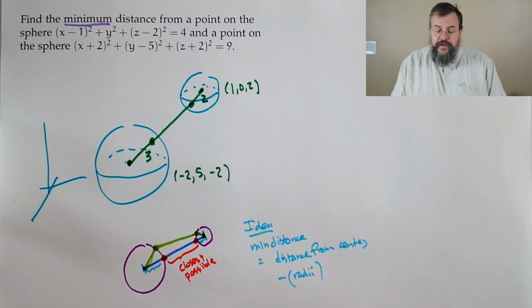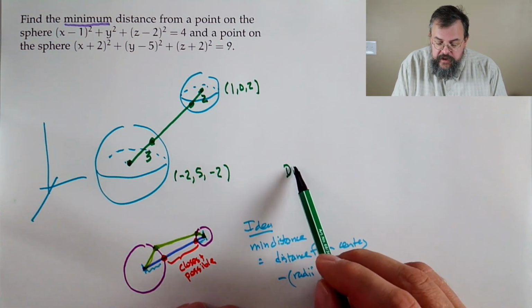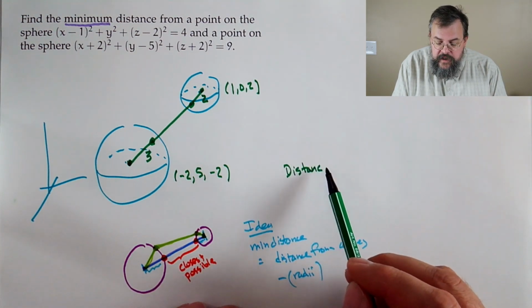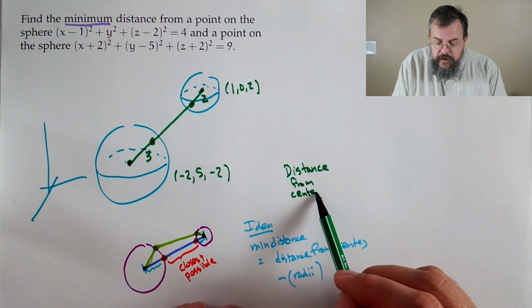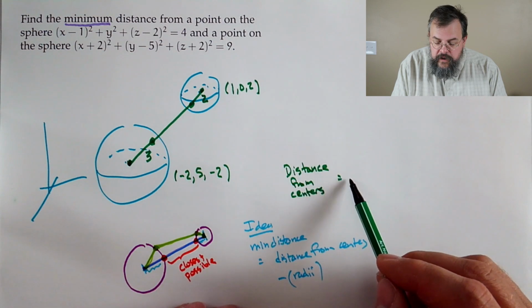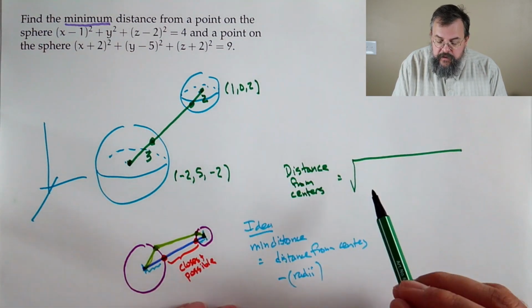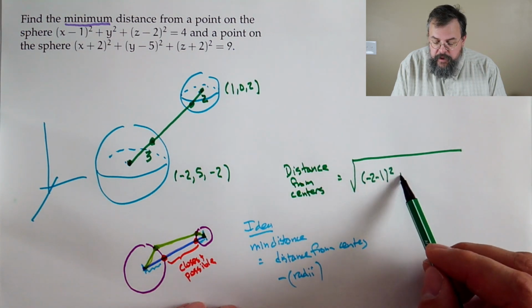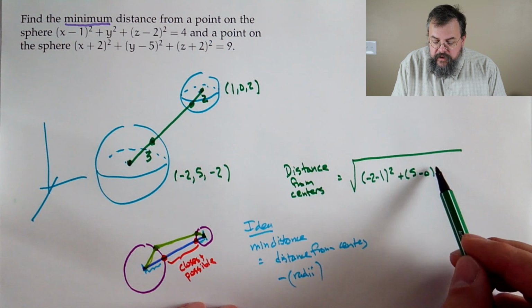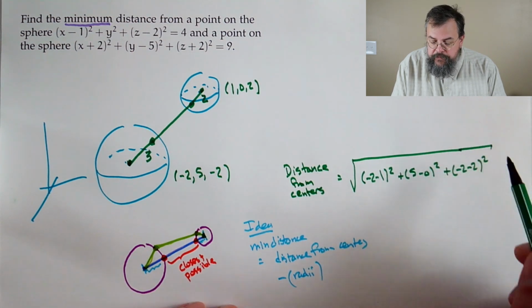Okay, so our distance from centers would be the square root of, take -2, subtract 1, so that's -2 minus 1 squared, plus 5 minus 0 squared, plus -2 minus 2 squared.